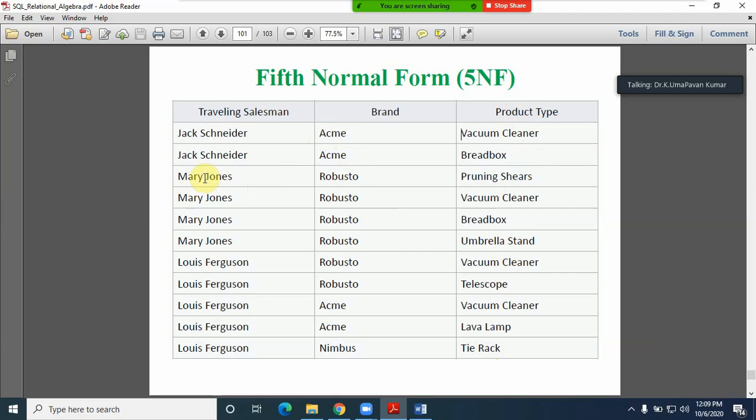And if I am taking Jones, he or she is representing some brands related to some products. Okay, this is the simple table. Now you might have observed this. Can you give which is the primary key here, friends? What is the primary key here?